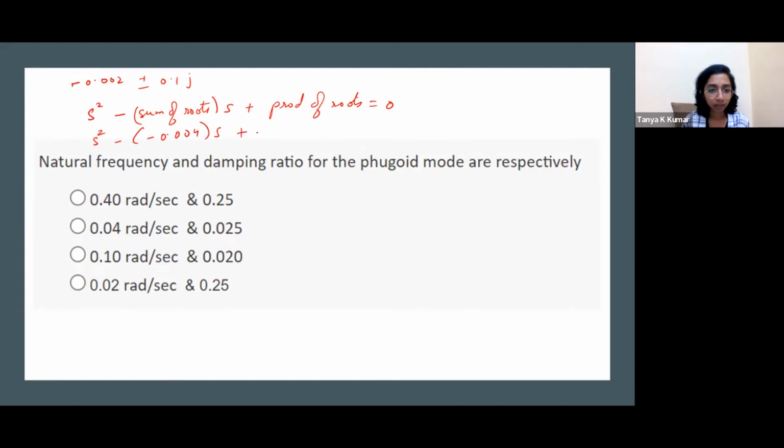Someone just tell me this, what is the product of roots? Just calculate this quickly. You solved this assignment, right? So can you just calculate it?